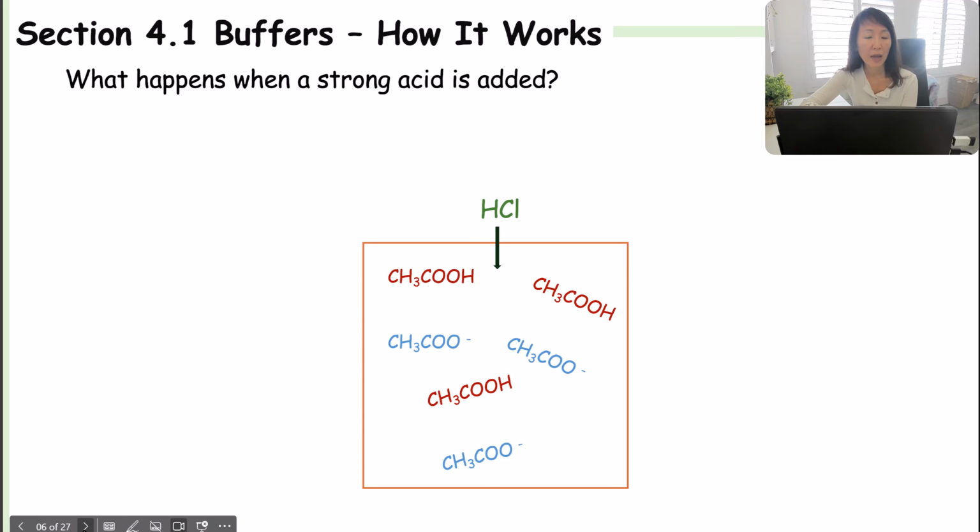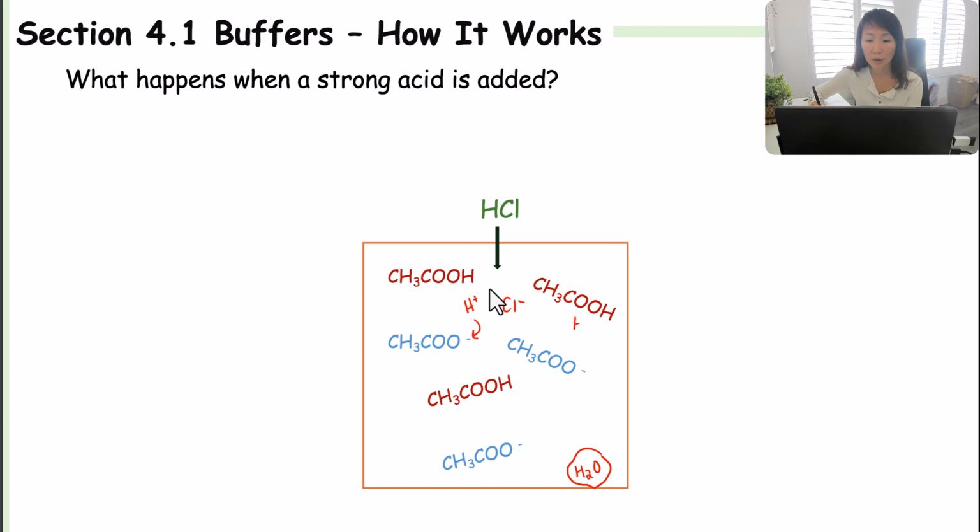If I were to add a strong acid such as HCl, what would happen? Well, the HCl will definitely split apart into two since this is in water solution. So imagine there's water all around, and this will split apart. Being a very strong acid, the hydrogen will be donated to the weak base.